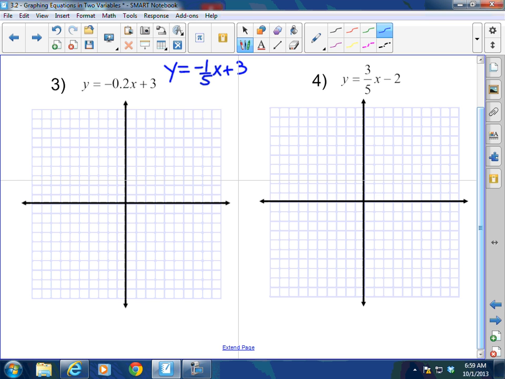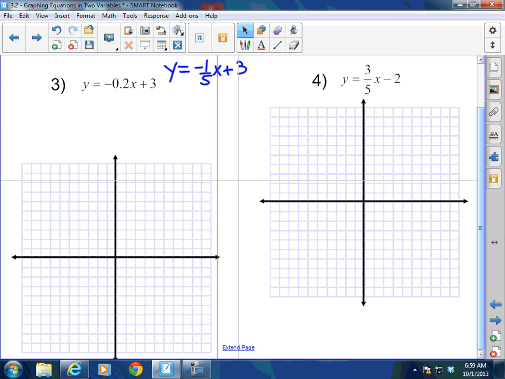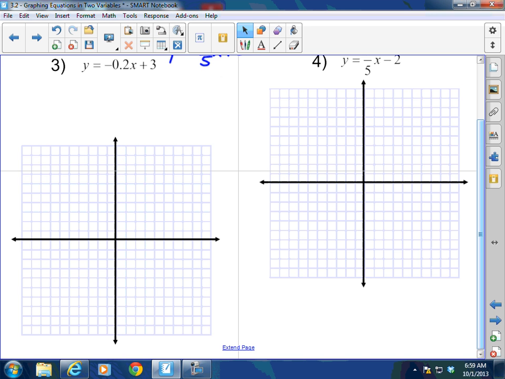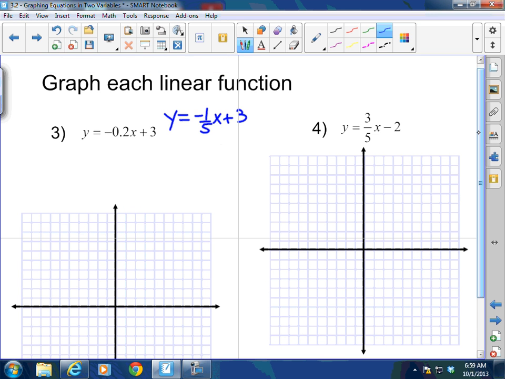Go ahead and use your table method to graph this. Now, remember what I had said in our last session when we first talked about making tables? You always want to use the moral 5 unless you have a denominator in front of the x.